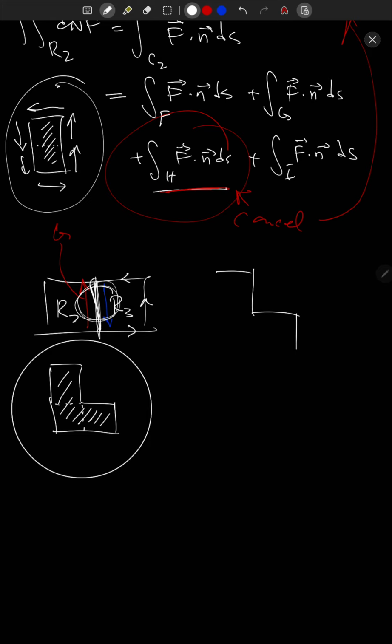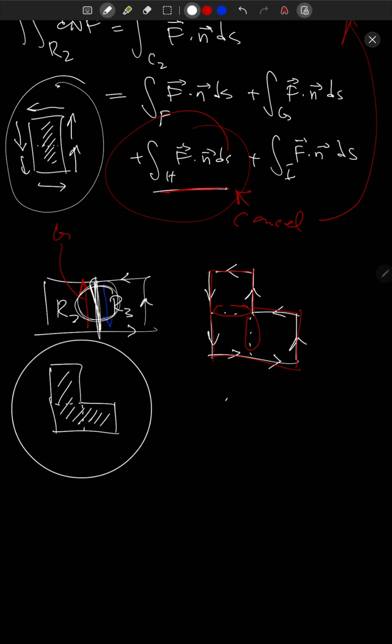So you're going to end up with the boundary, you're going to be going here, integrating that and that, whereas the two dotted lines inside are just going to cancel away. And so you can see ultimately you're integrating all the way around the boundary. So this works for 3 rectangles.